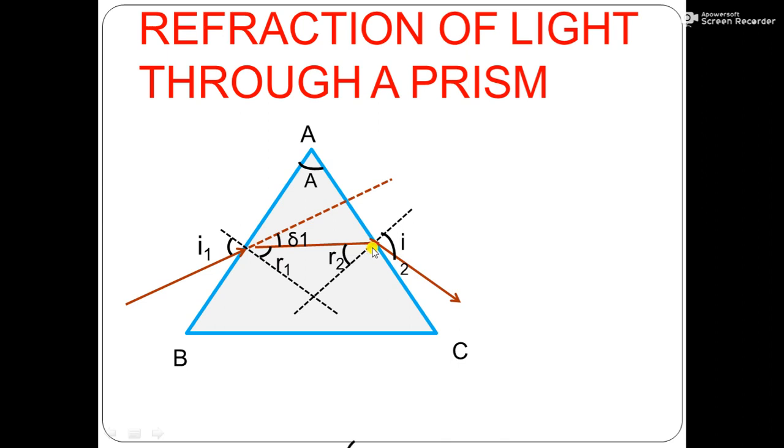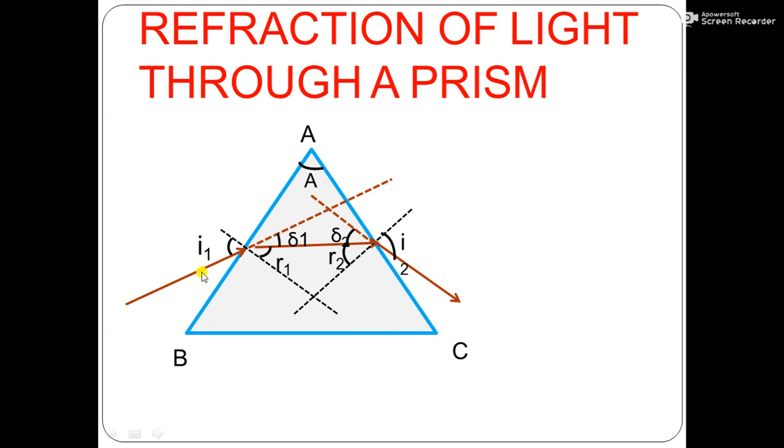And the angle of deviation for this refracted ray is delta 2. Then what is the angle of deviation for this prism?